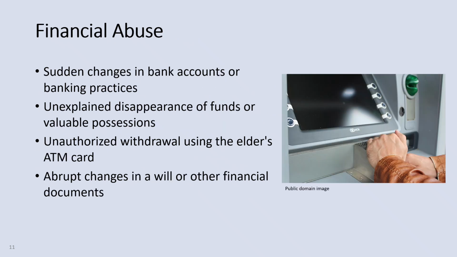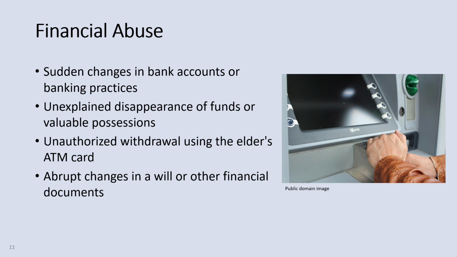Elder financial abuse occurs when somebody illegally or improperly uses an older adult's money, property, or assets for personal gain. This can include stealing cash or possessions, forging signatures, coercing the elder to sign financial documents, or manipulating them into giving away money or control over their finances.